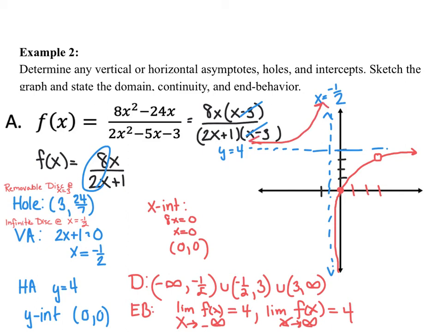Again, not crossing over vertical asymptotes. Just something that's kind of interesting is functions never cross over vertical asymptotes. Now, technically, they can at times cross over horizontal ones, but they do approach them as x increases or decreases.